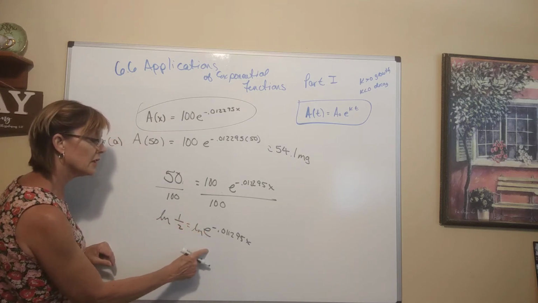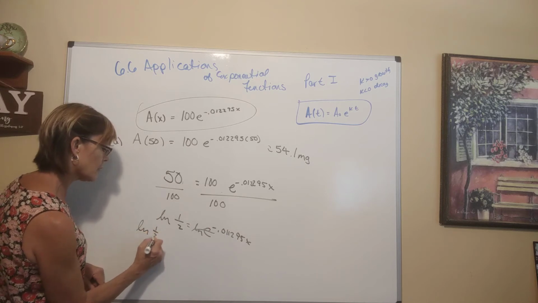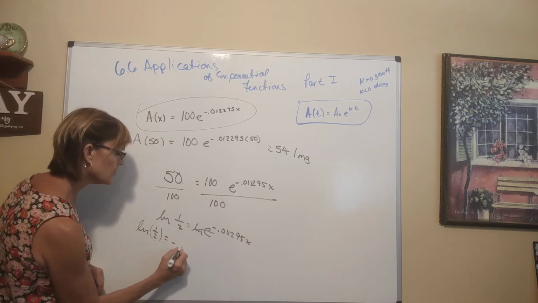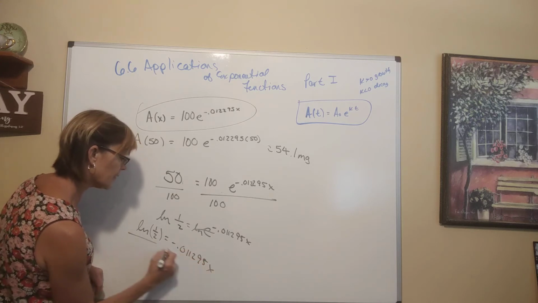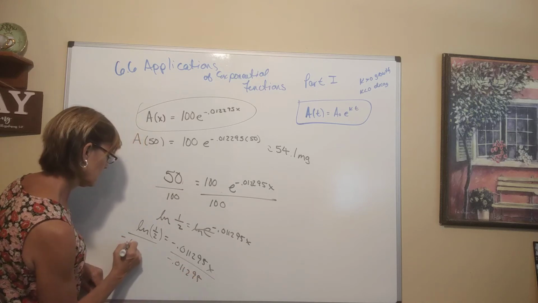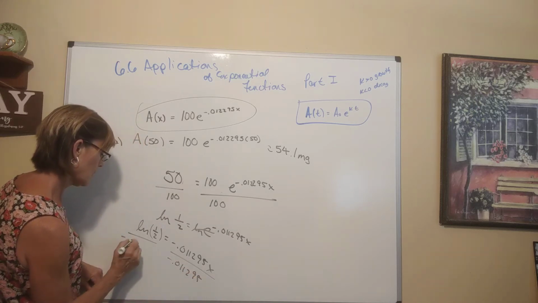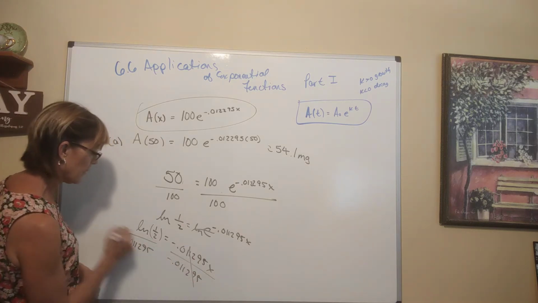Log base e of e to the whatever, these undo each other. So basically we have the natural log of 1/2 is equal to negative 0.012295 times x. I will divide both sides by negative 0.012295, and that will give me what x is.